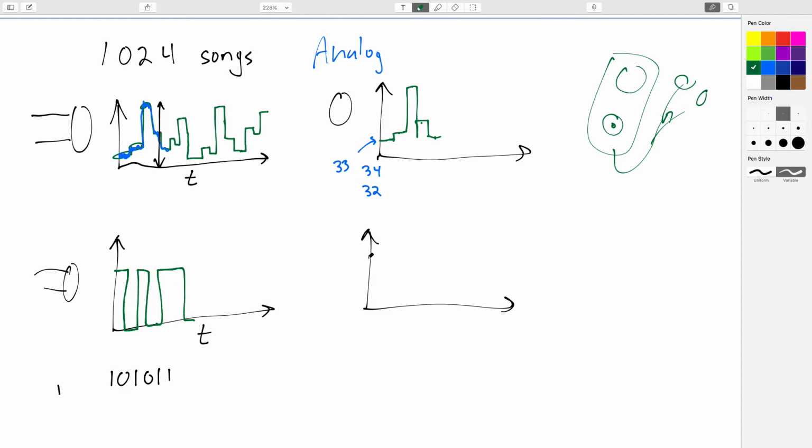All right, and then my friend, even if there's noise in the system and they pick up something that looks like this, they can still go, oh, we're fine, because up here is my 1 region, and down here is my 0 region or something. So I can still figure out, oh, 1 0 1 0 1 1.